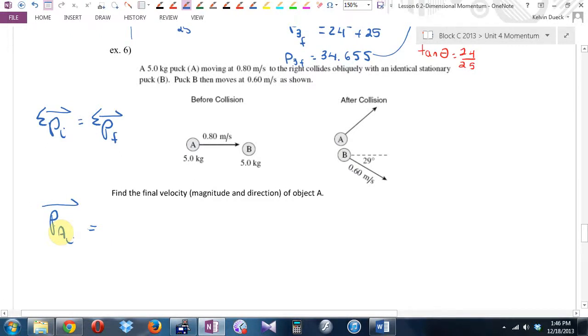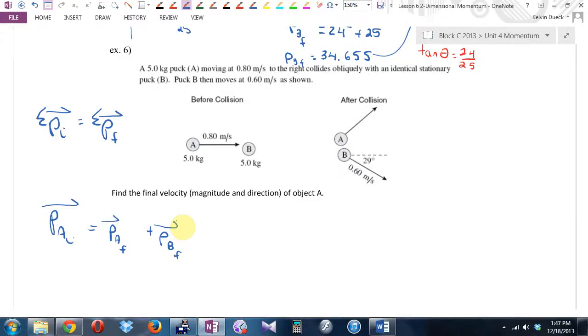Stuck together or separate? Momentum A final. Momentum B final. Can I just let to the right be positive and to the left be negative and just divide and solve? I think I have to go with vector math here.